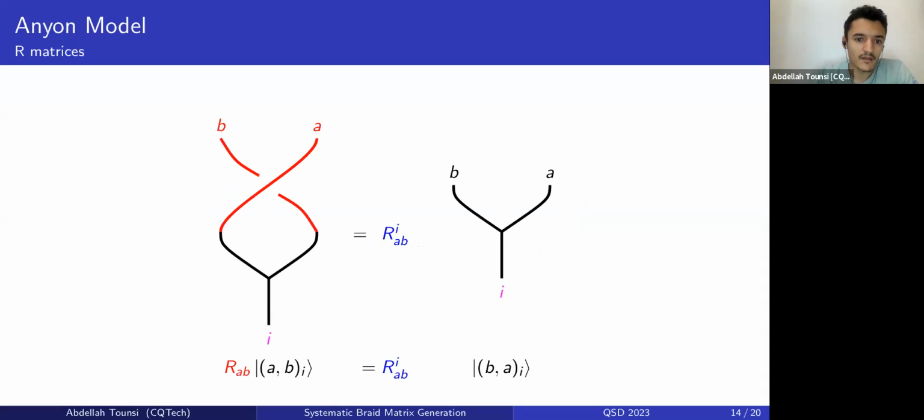And since we have multiple fusion outcomes, the R matrix should include all the possible statistical phase factors depending on the fusion outcome. Here, the fusion outcome is I. So the components of R are R^AB_I.